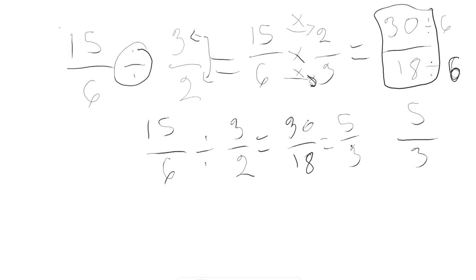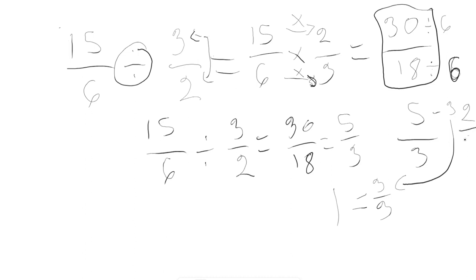Now, if we know that there is at least one 3 over 3 in here, if we minus 3, we get 2. And this 3 over 3 is equal to 1.